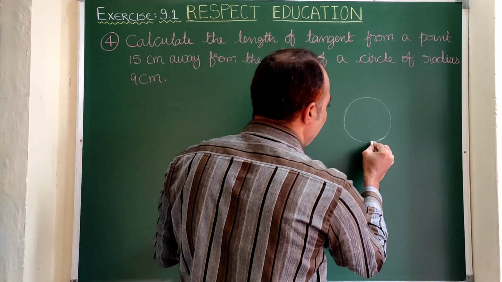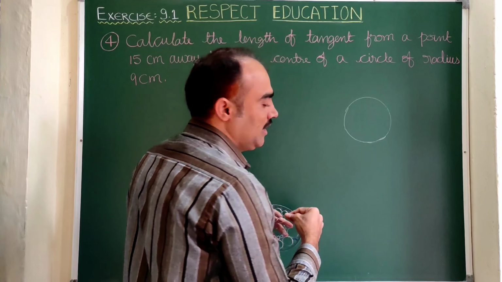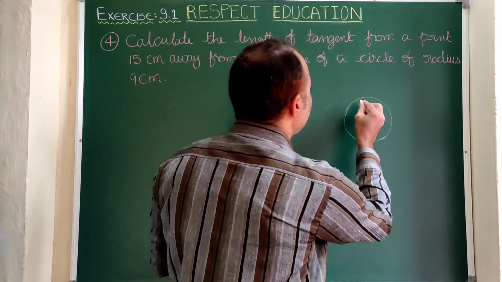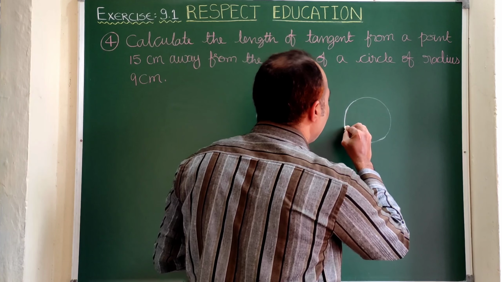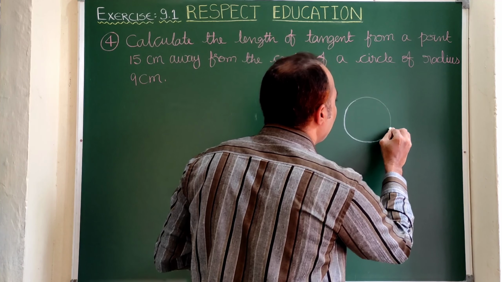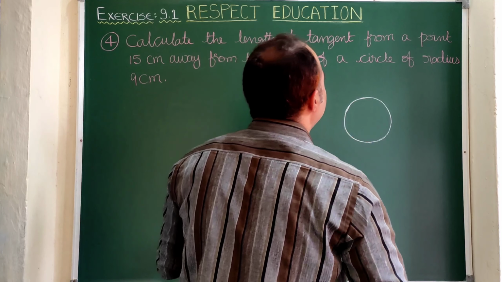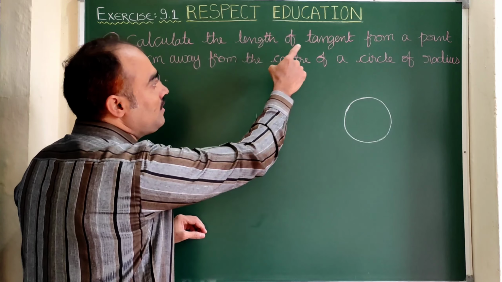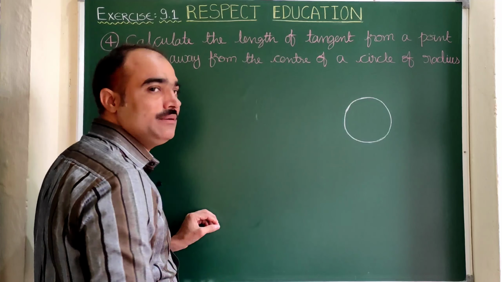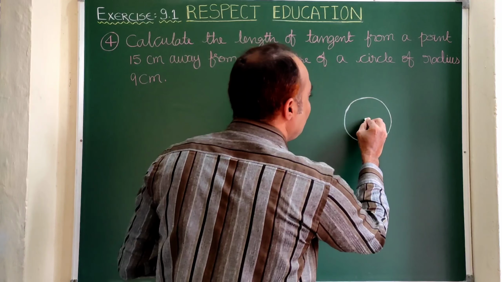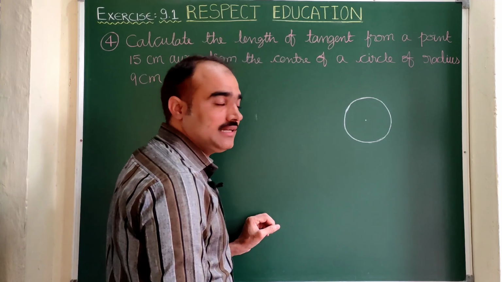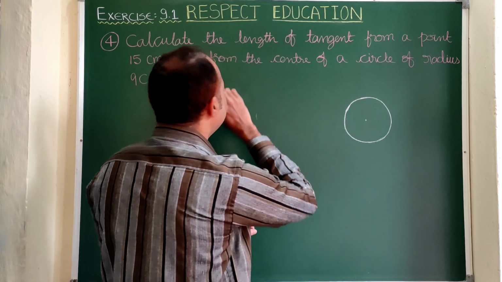Okay, so let us consider this as circle. Right, here it is given that calculate the length of tangent from a point 15 centimeter away from the center. So from here let us take a point around 15 centimeter.